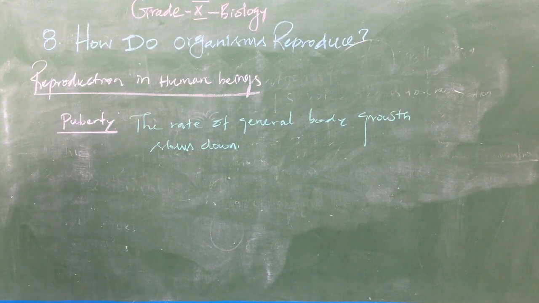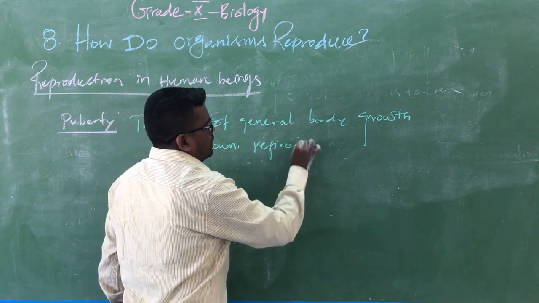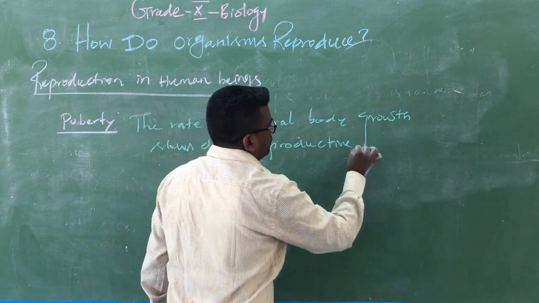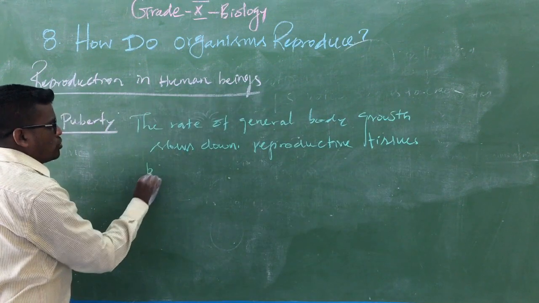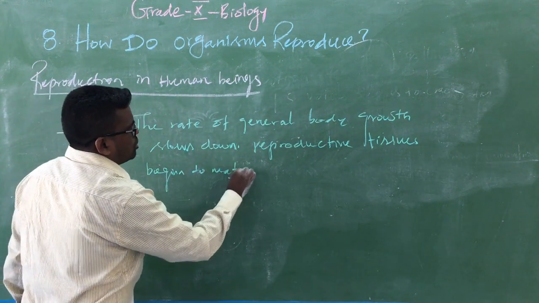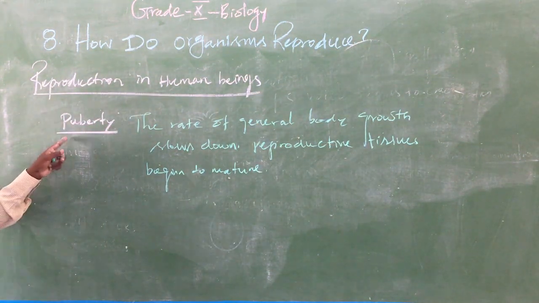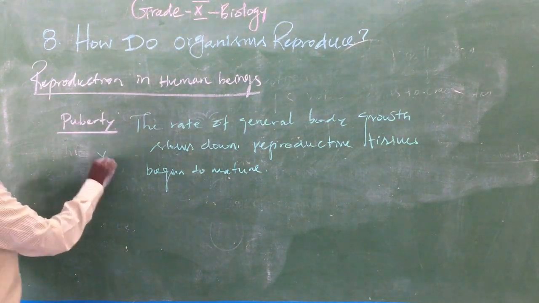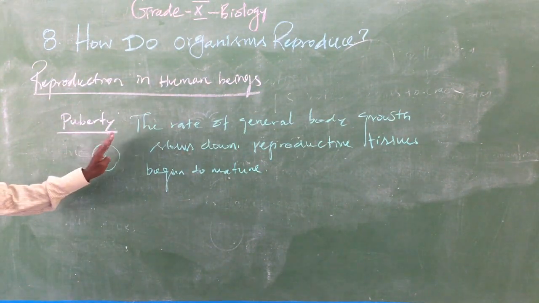The reproductive tissue begins to mature during adolescence. This is called puberty. This question was asked in the last public exam.